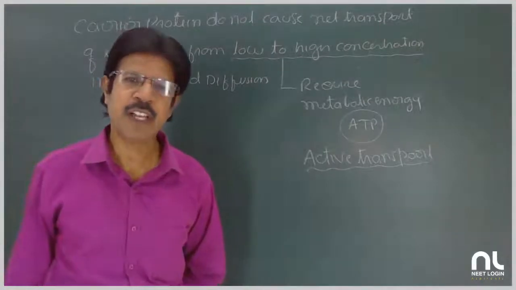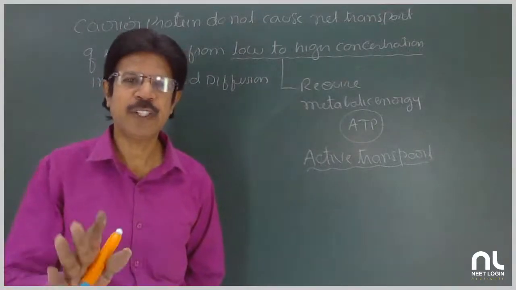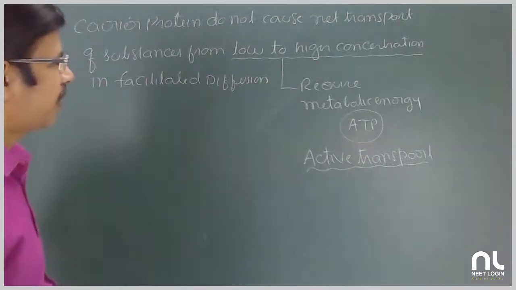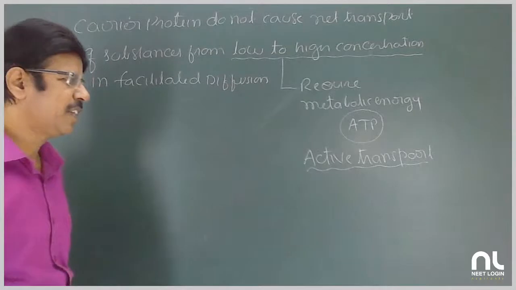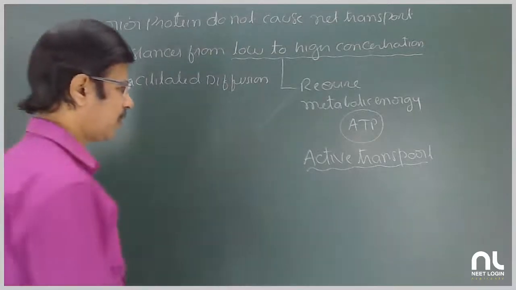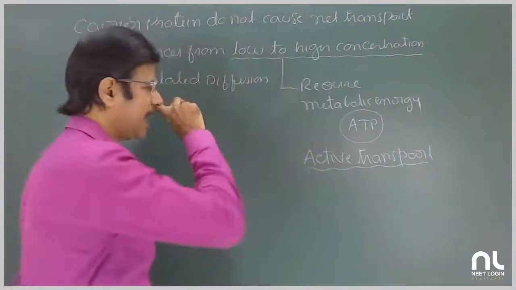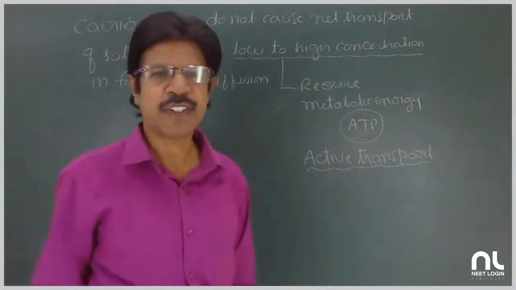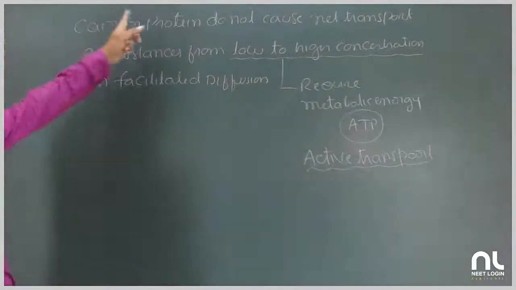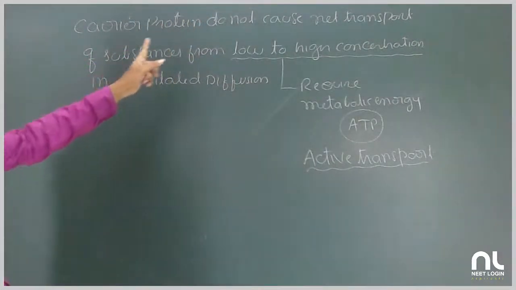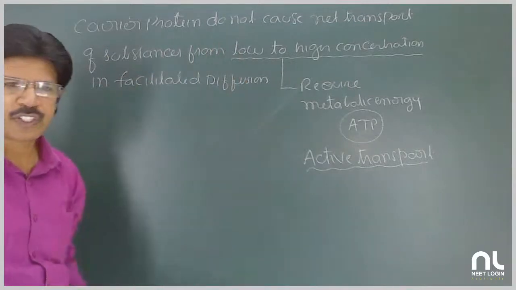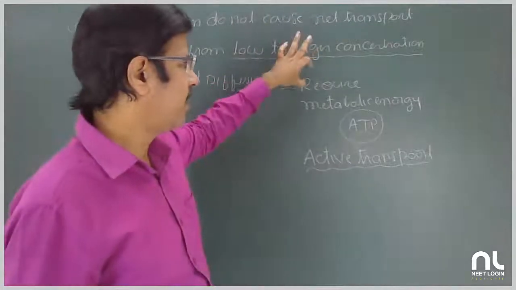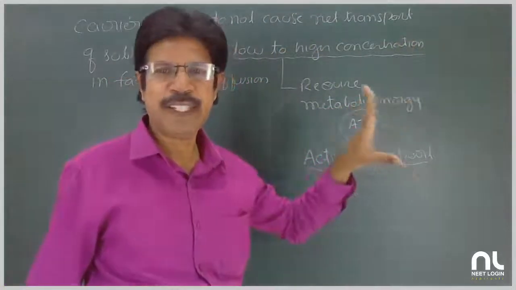Simple diffusion, facilitated diffusion, and active transport. In active transport, what do you call these carriers? They are the pumps, which are involved from low to high concentration. So carrier proteins do not cause net transport from low to high concentration in facilitated diffusion, because low to high concentration requires metabolic energy, that is ATP.